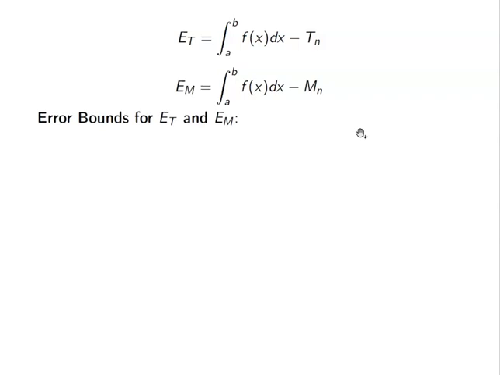I don't think we did this in the left or right hand sum portion, but generally when we're talking about errors, we would want to know what's the largest possible I could be incorrect by, right? If I know the largest I could be incorrect by, it gives me an idea of how many decimal points I need to use to be accurate and how many n's, right? How many rectangles do I need to use in order to be this close to the true value?